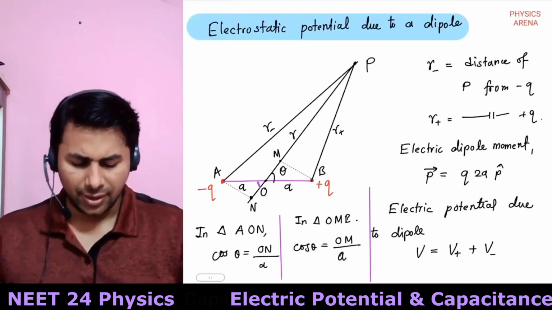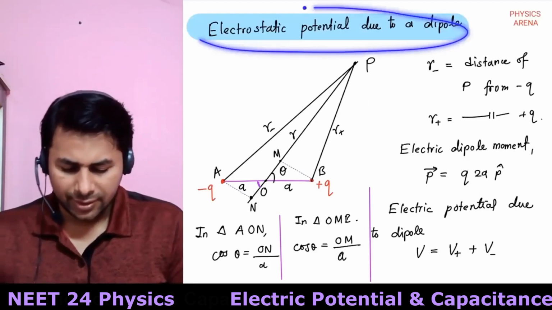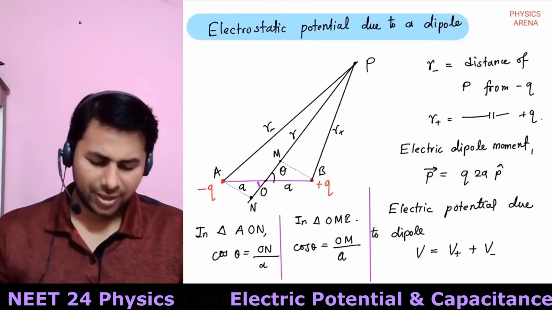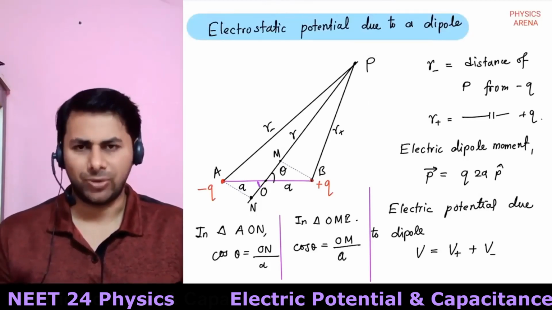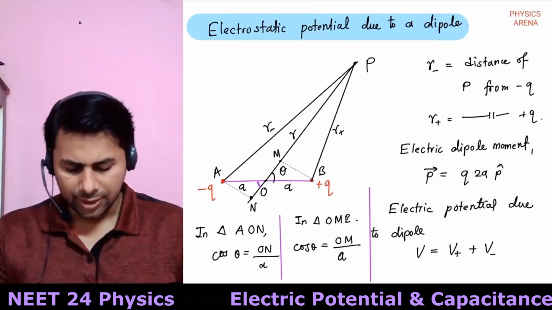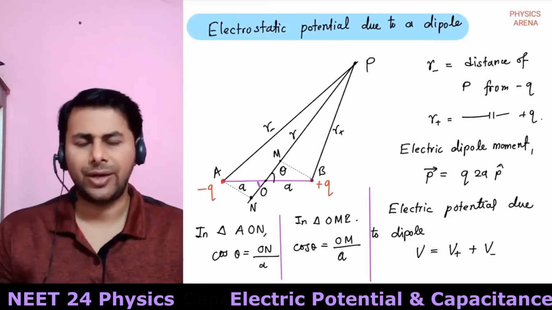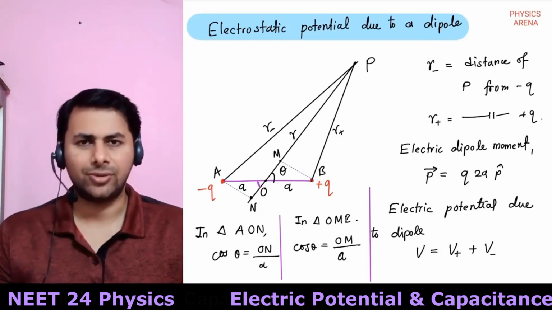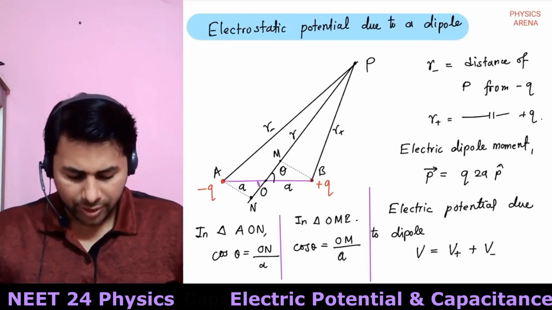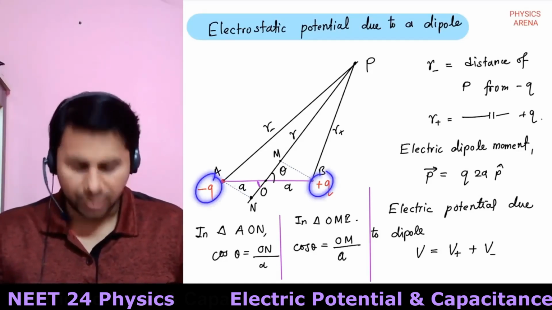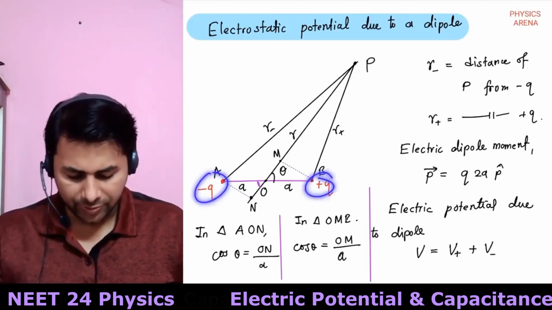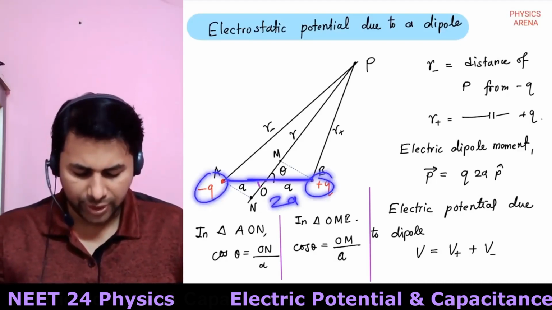All right. After that, an important point: electrostatic potential due to a dipole. Suppose you have this dipole and you want to find the potential due to it. We know a dipole is a system of two charges plus q and minus q separated by distance 2a.